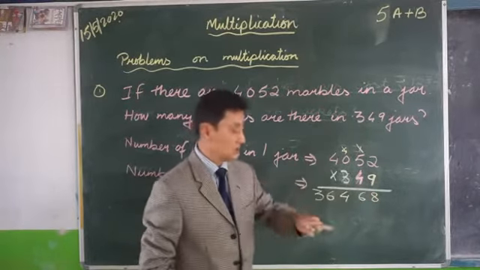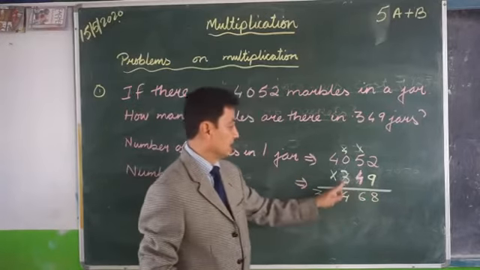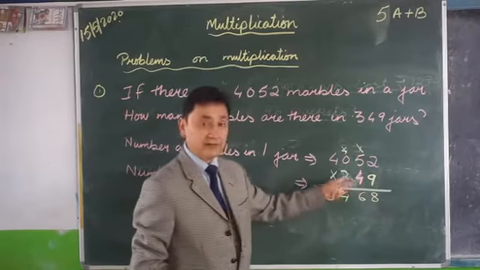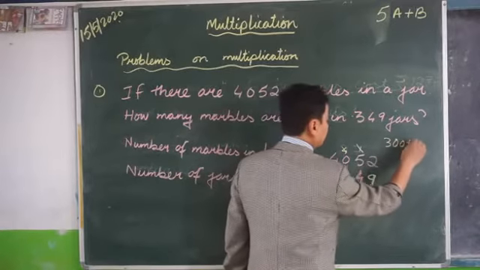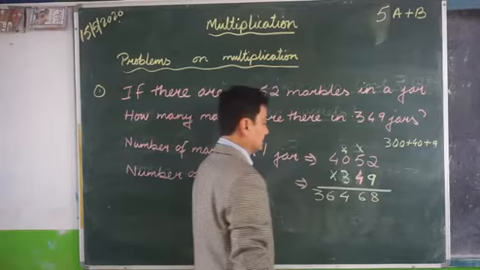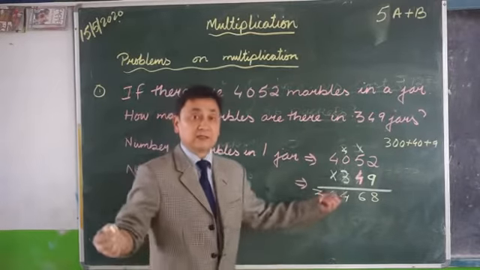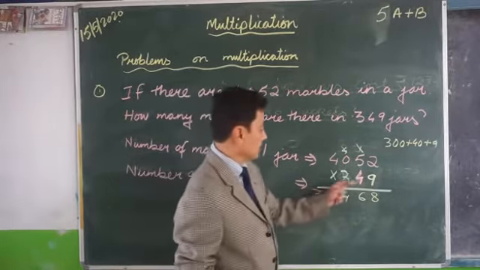In the last class I had told you that this is ones, tens, hundreds. And when we expanded, we got 300 plus 40 plus 9. Some of you may wonder where that 0 came from.